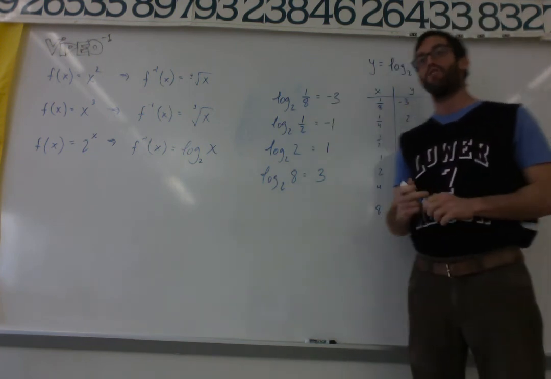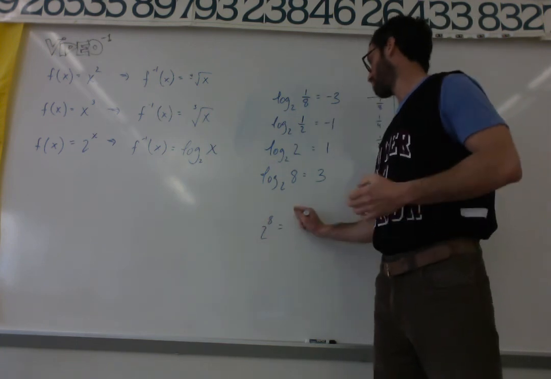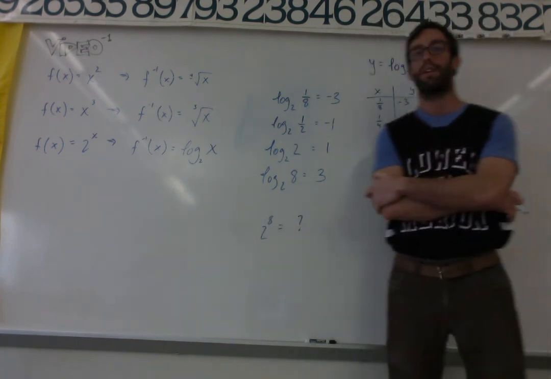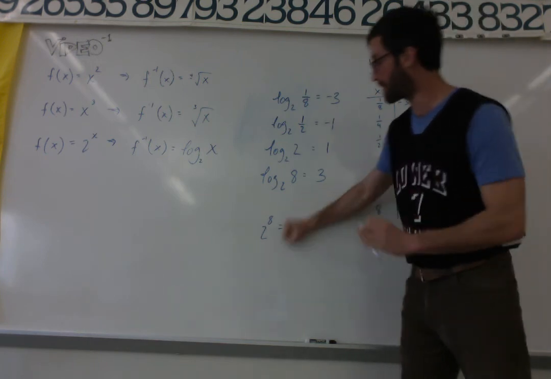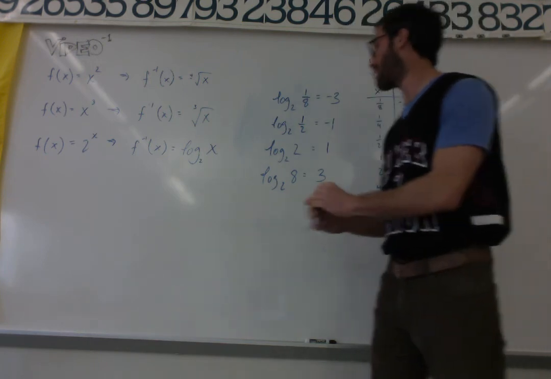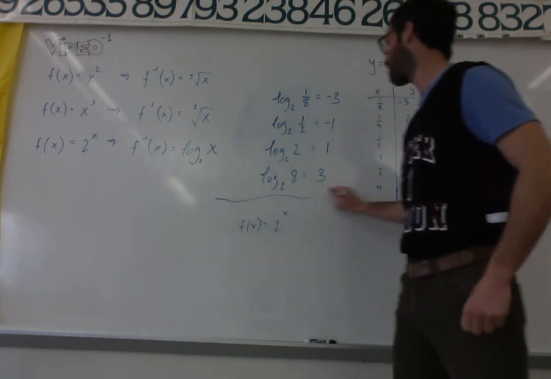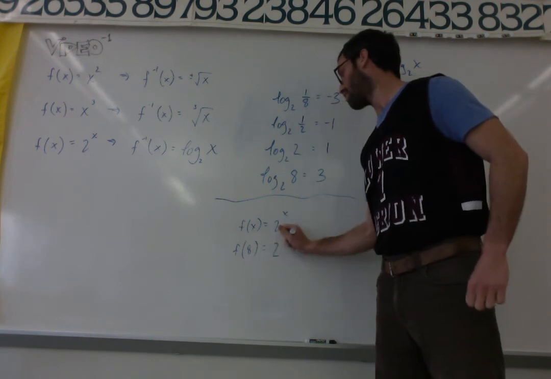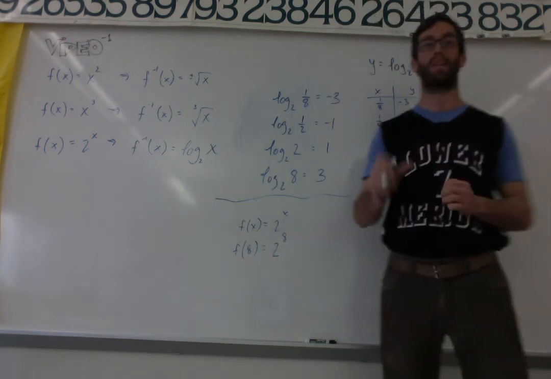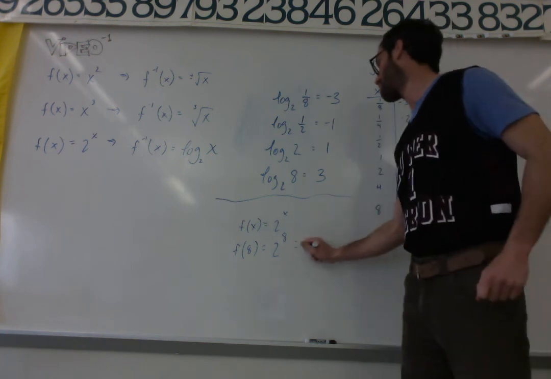Whereas a problem like 2 to the 8th equals what? If you're evaluating the exponential function, say, f of x equals 2 to the x, for f of 8, you're just saying 2 to the 8th power is equal to what? Well, it's 256, right?